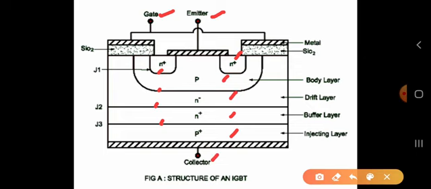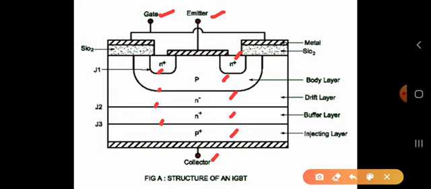So now these are the 3 terminals. The gate is connected to the N plus layer, but not directly. A silicon dioxide material acts as an insulator, kept between the gate and the N plus layer. So that is the gate connection to the N plus layer.